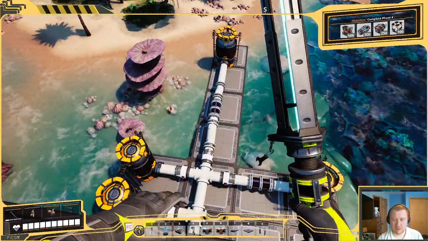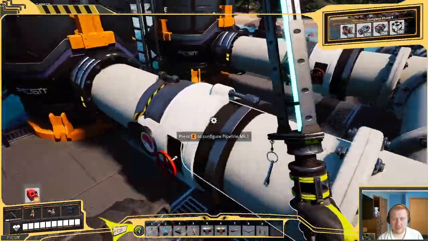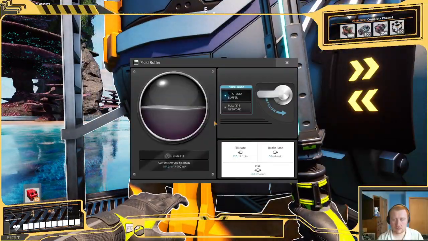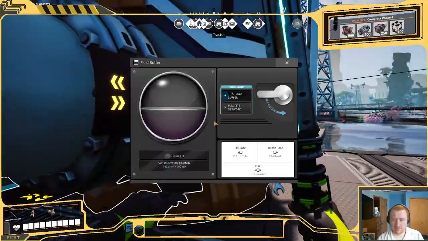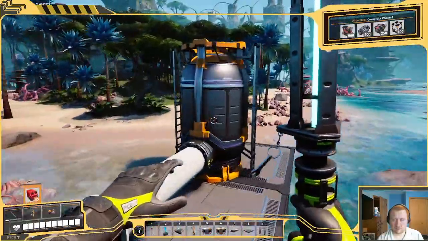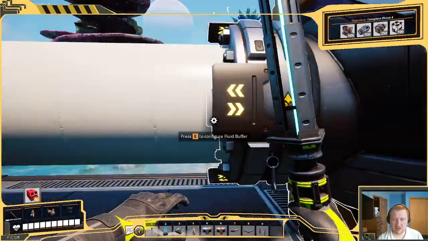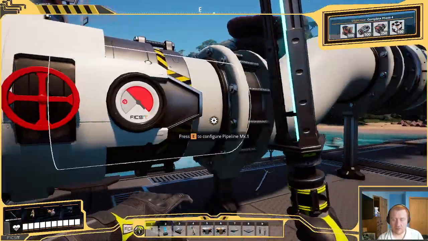So let's just wait for these to fill up. I mean, I don't have to wait for the whole thing, but this is pretty much almost full because the flow rate is much faster on the overflow output.